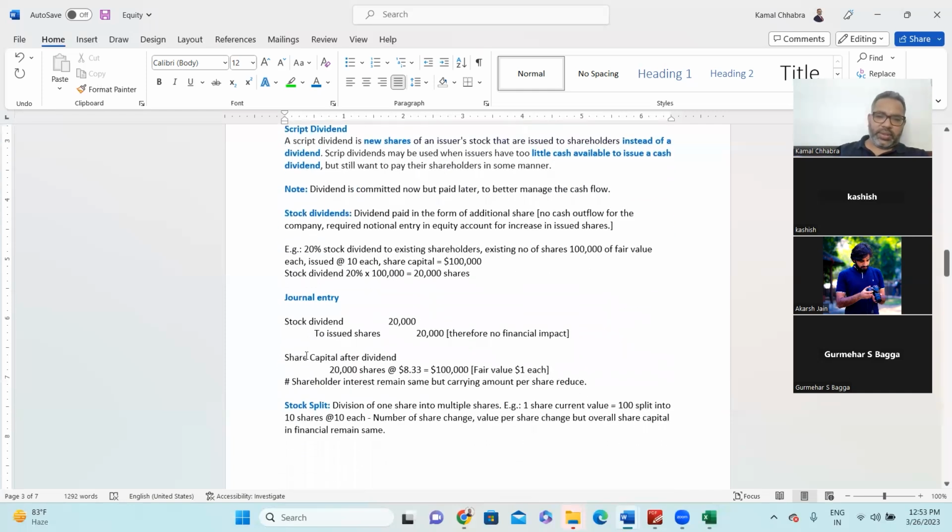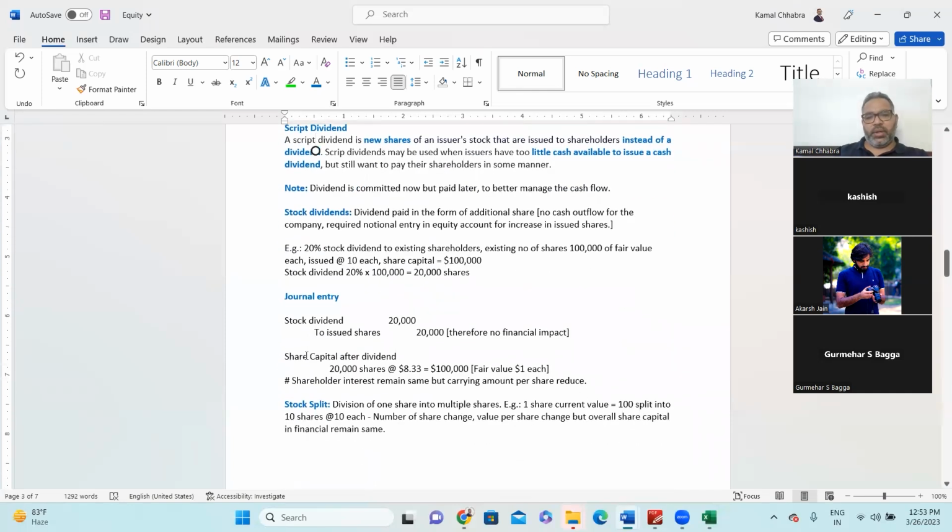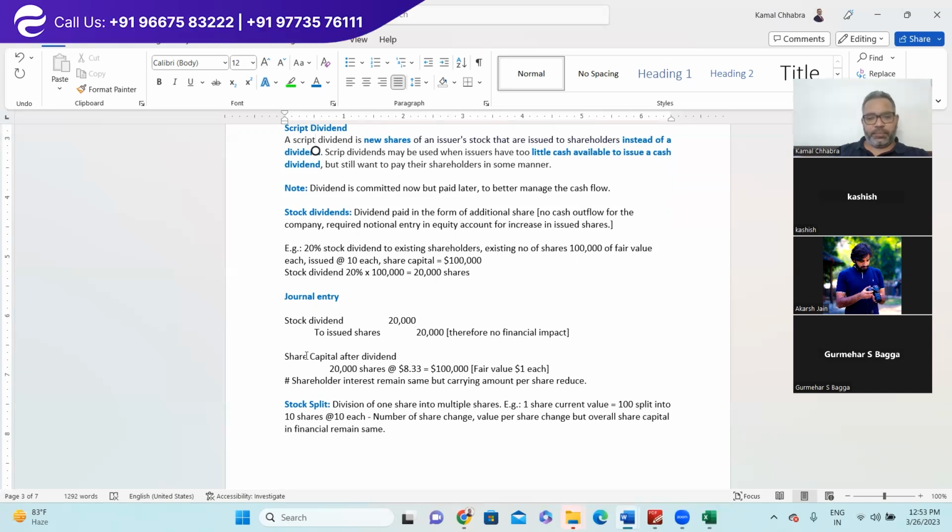So let's look at an example. 20% stock dividend to existing shareholders. Existing number of shares is 100,000 of fair value each, issued at $10, and the share capital is 100,000. Stock dividend 20%, 20,000 shares. So the journal entry is stock dividend account debit to issued share capital. That is, there is no financial impact.